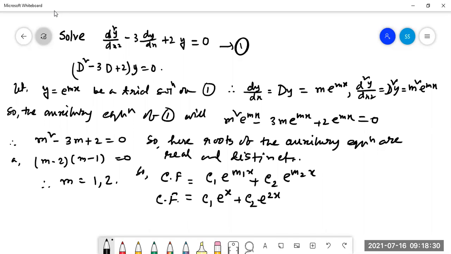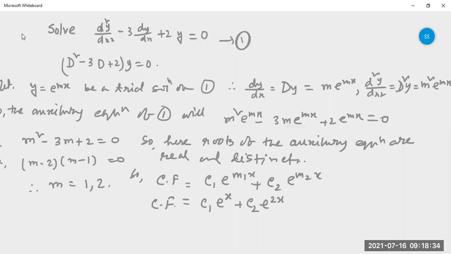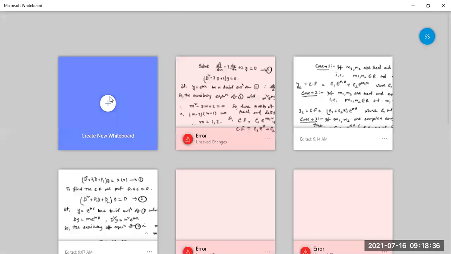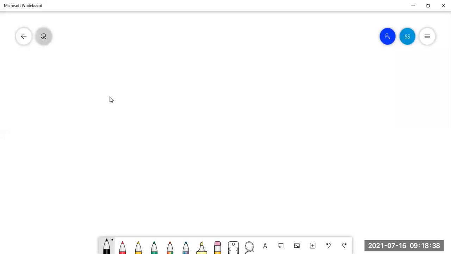Okay. Now we are going for another example where roots are equal. Solve d²y/dx² minus 24 dy/dx plus 144y is equal to 0.